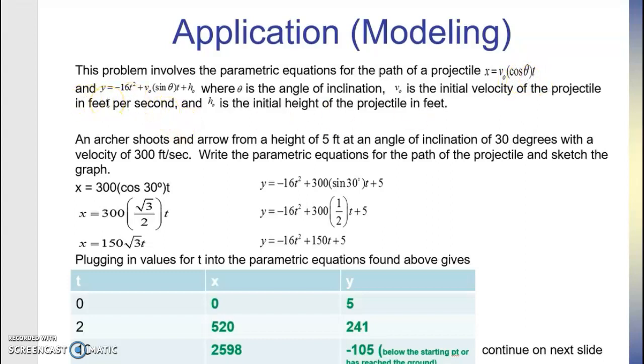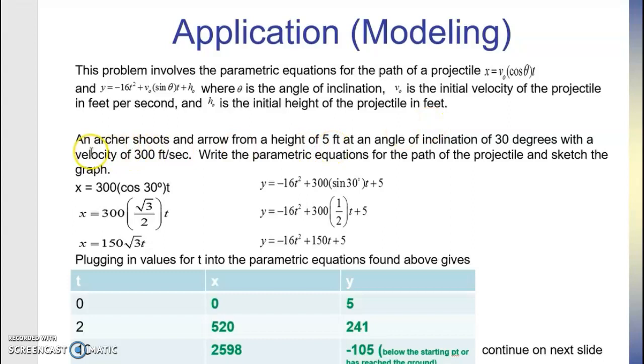And y equals negative 16t squared plus v sub 0, the initial velocity, times the sine of the angle times t, plus h sub 0, which is the initial height. And this time the height is calculated in feet.